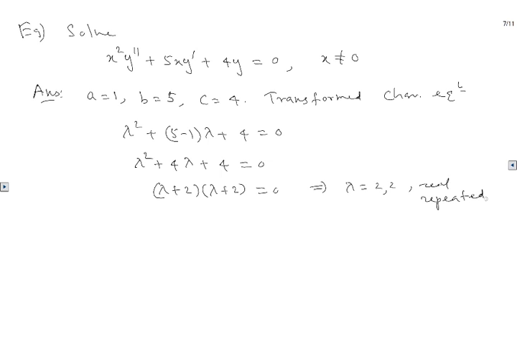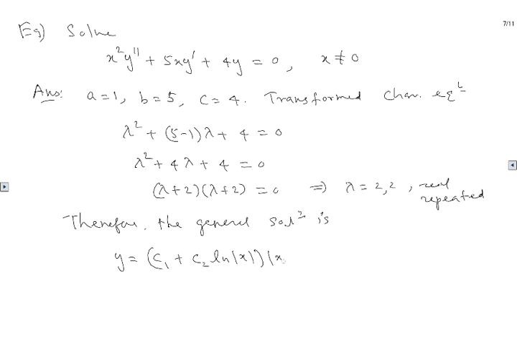For real repeated roots, we know what the solution looks like. Therefore the general solution is given by y equal (c1 plus c2 ln absolute value of x) times the absolute value of x to the lambda 1.